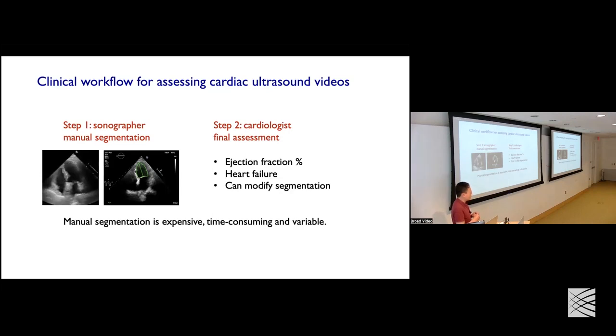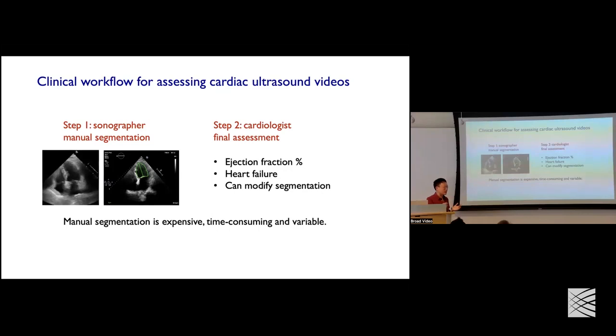The cardiologist would say, okay, does this look reasonable? If it looks reasonable, then she would not modify anything. If it looks weird or looks different, then the cardiologist would retrace the left ventricle chamber and re-estimate the ejection fraction. And where the AI is coming in is here, right? That's the initial tracing. The cardiologist side still does the final assessment.